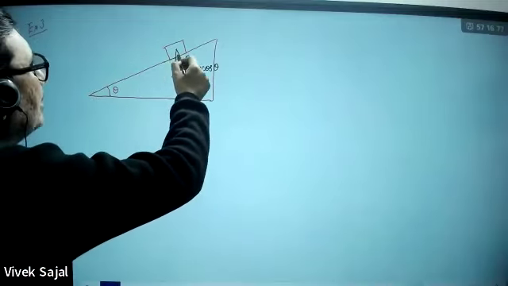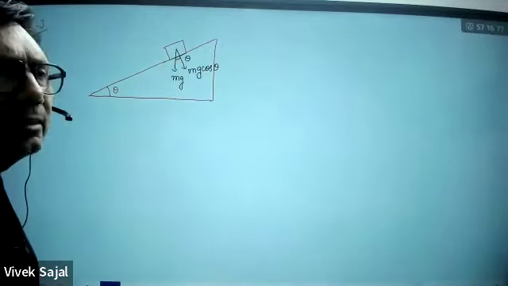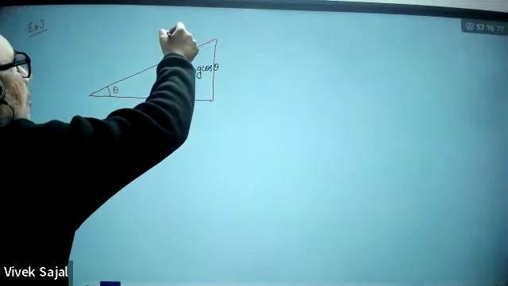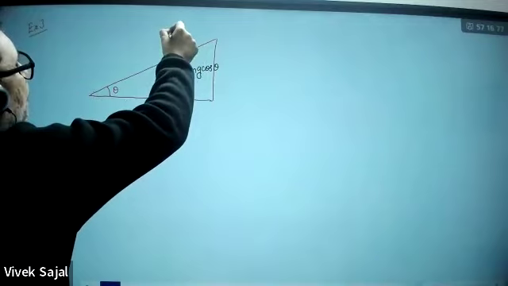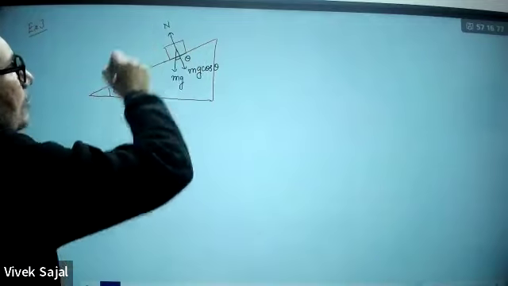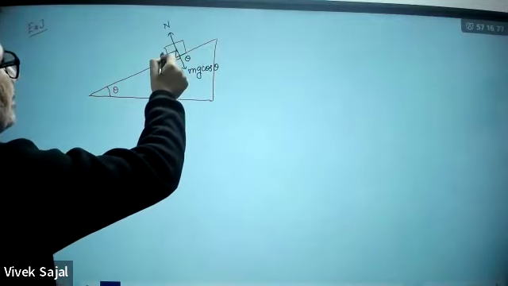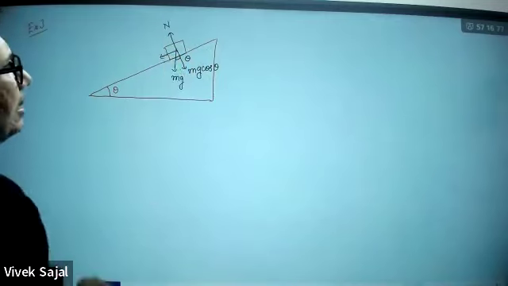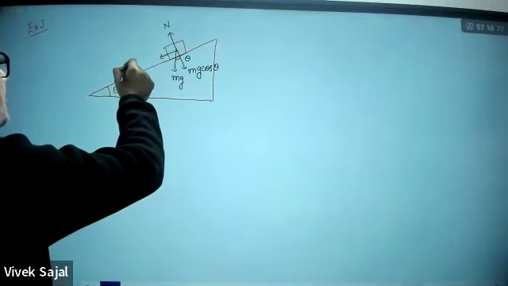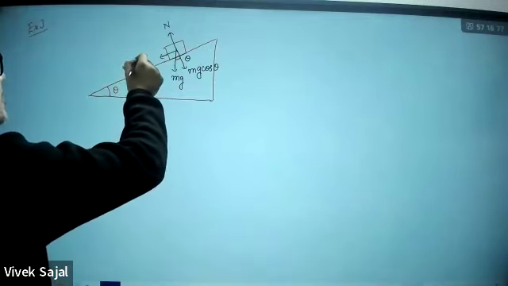Since the block is in contact with the inclined surface, a normal reaction will be there. And a component of mg will act parallel to the inclined surface in the downward direction. This will be mg sin theta.